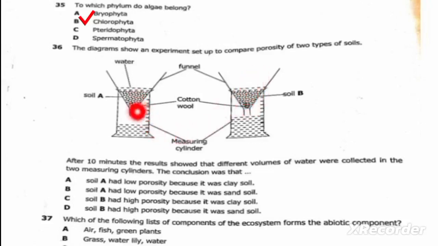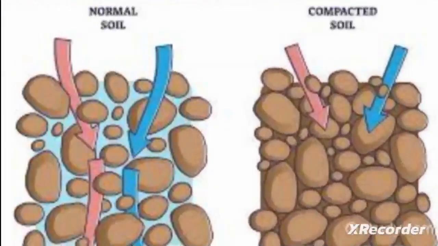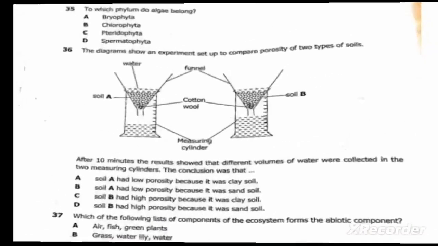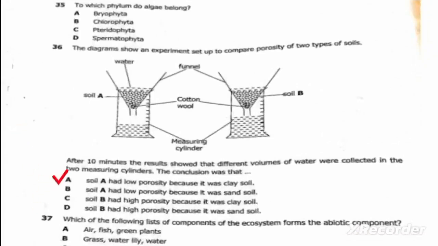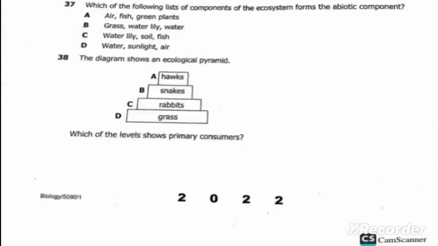Here this one has less pores. So we make use of the diagram given here, and we can see spaces here, and we can see spaces here. Okay, so our correct answer therefore is D. So B had high porosity because it was sand. So sand soil has more porosity.